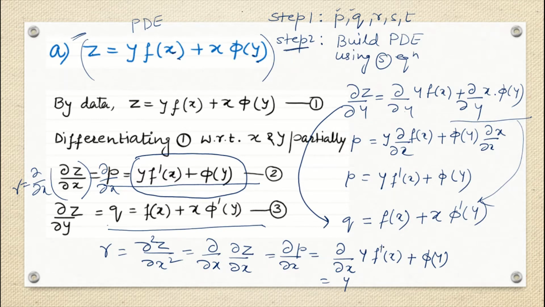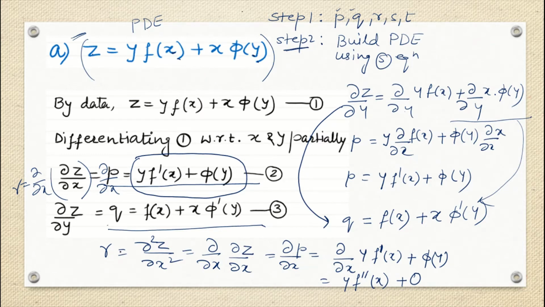So already one dash is there. So if I am again finding the partial derivative, I just add one more dash. That will be f double dash x, okay, plus now del by del x of phi y will be 0, because del by del x of phi y is nothing but del by del x of a constant with respect to x. That means this is 0. So r is nothing but y f double dash x.